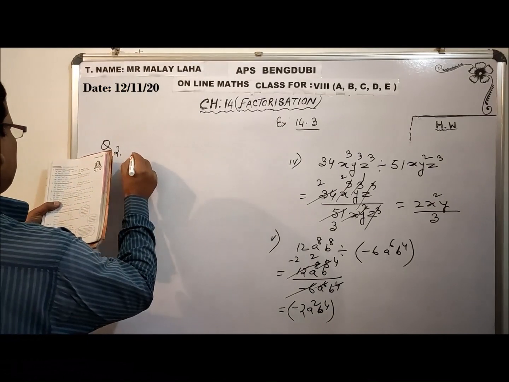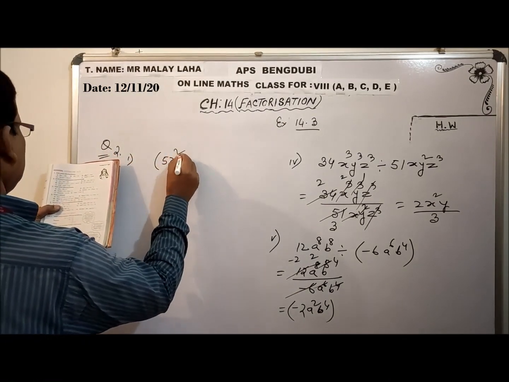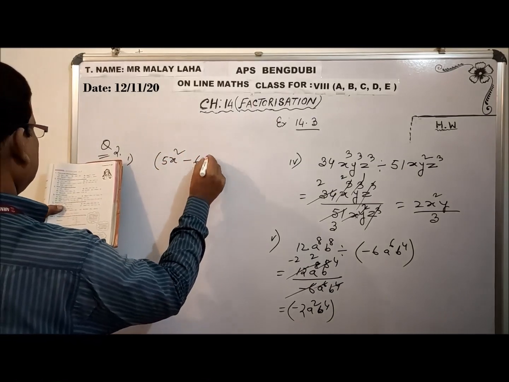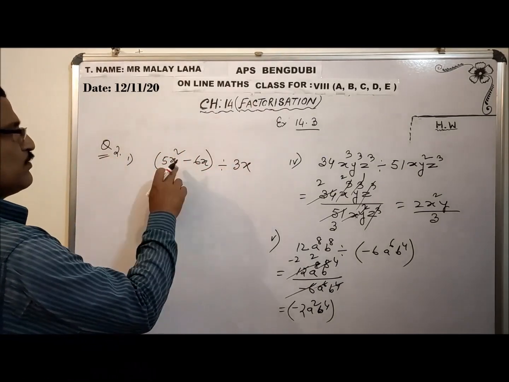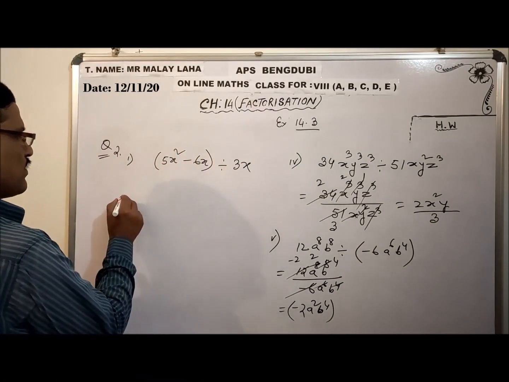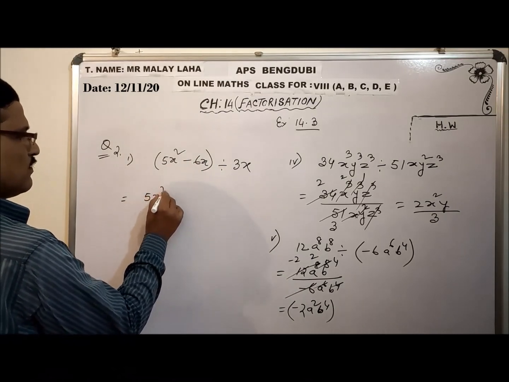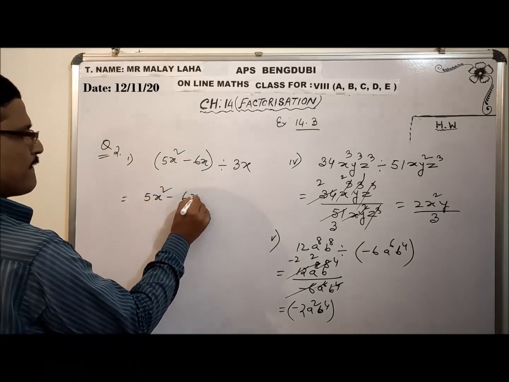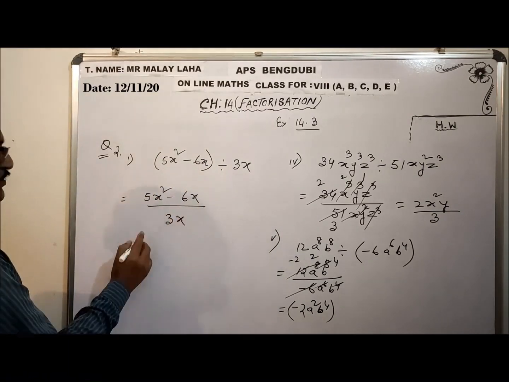So suppose I am giving one example. Here 5x raised to 2 minus 6x divided by 3x. Now this 3x is for 5x square, this 3x is for 6x. Okay, how can I write it down here? First we will write down the question given by 3x. Now this 3x is split.